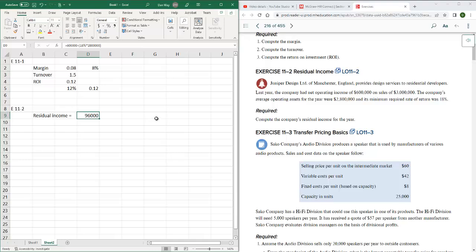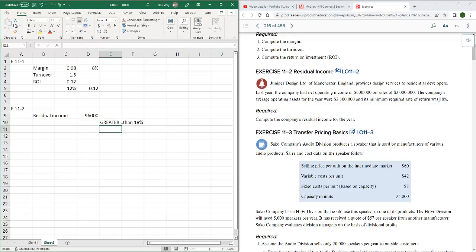Now, I will point out quick here that we often know a little bit about the relationship between ROI and residual income based on how either of those numbers comes out. And by that I mean residual income of $96,000 means the company's actual return, the return on their investment, has to be something greater than the required rate of return of 18%, right?